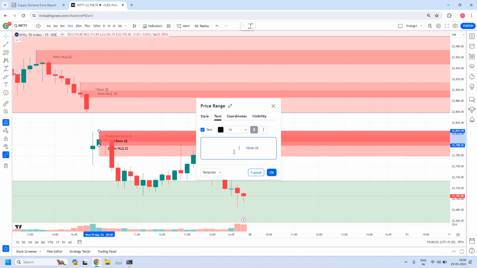This is the 15-minute zone. Now this 15-minute supply zone is a high liquidity supply zone. Strictly speaking, both the 25 and 15-minute zones are the same.